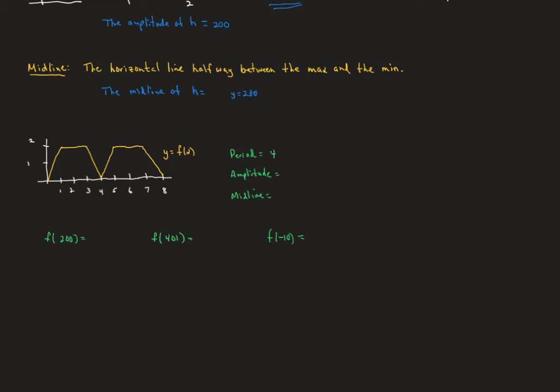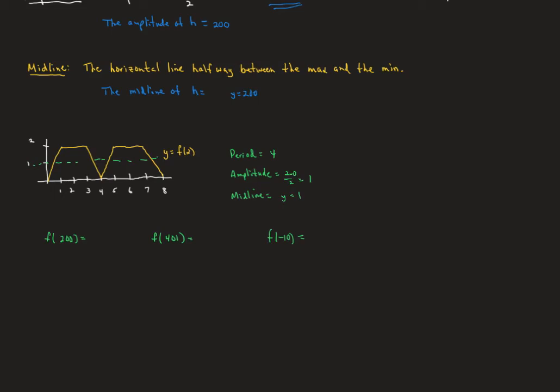The amplitude, the maximum value minus the minimum value divided by 2, is 2 minus 0 divided by 2, which is 1, so the amplitude is 1. The midline is the line that goes through the middle of our graph, which is y equals 1.